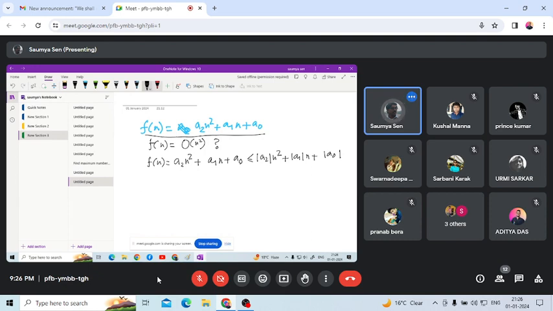Agreed with me or not? The coefficient may be negative. If I take the mod, then all are positive. So obviously this is less than or equal to.